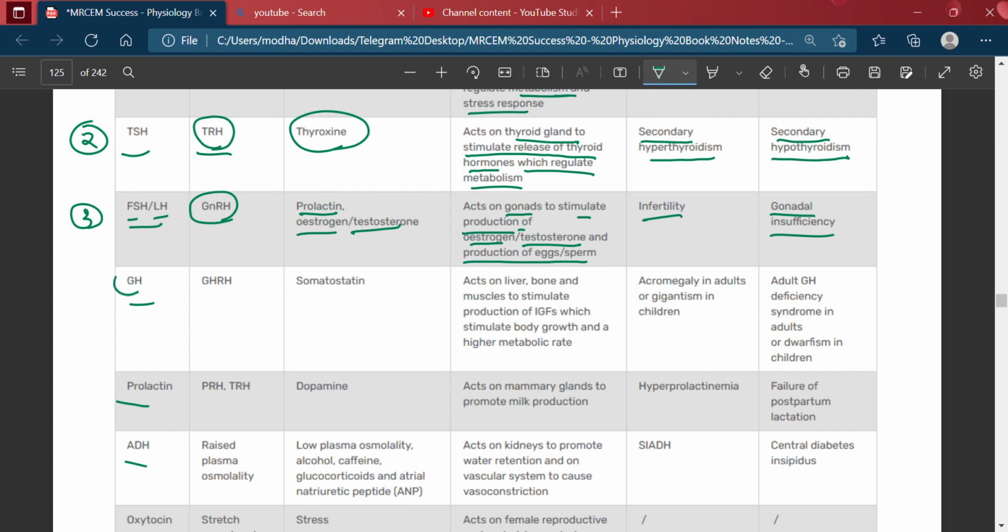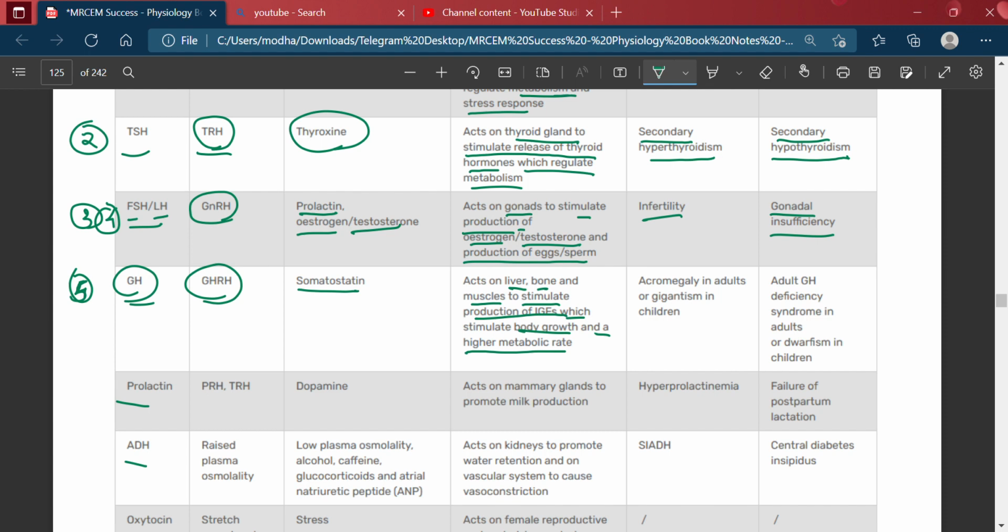Then growth hormone. It's also secreted from the anterior pituitary. Its stimulating factor is growth hormone releasing hormone, and the inhibiting factor is somatostatin. It acts on the liver, bone, and muscles to stimulate production of IGF, which stimulates body growth and higher metabolic rate.